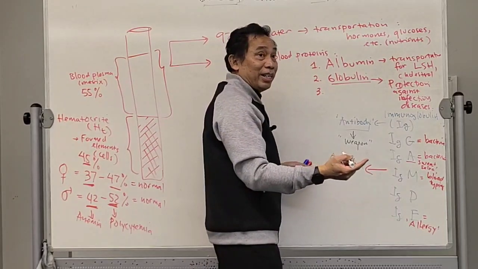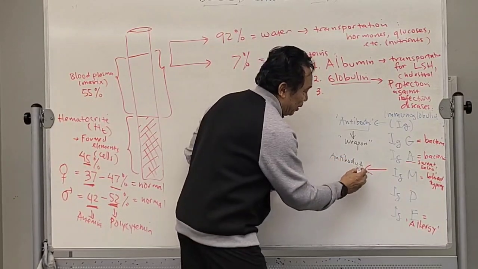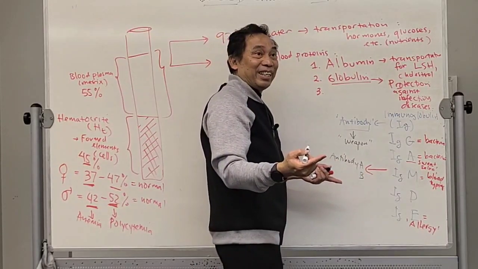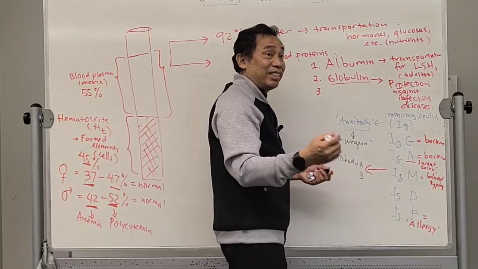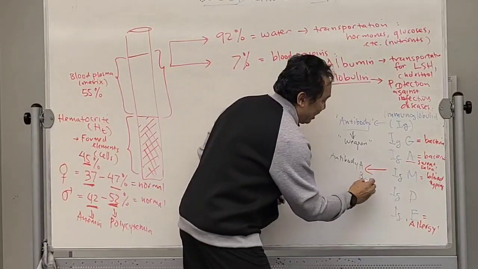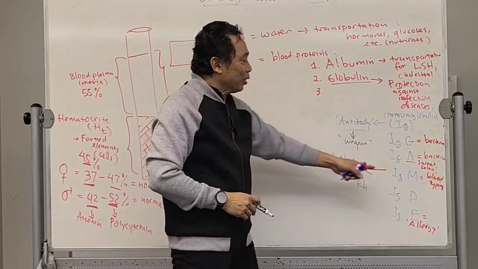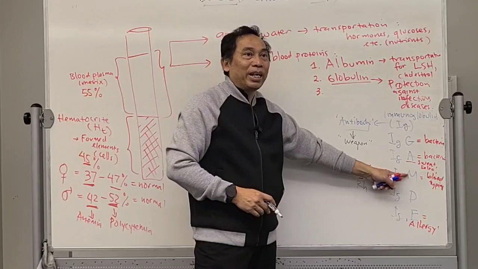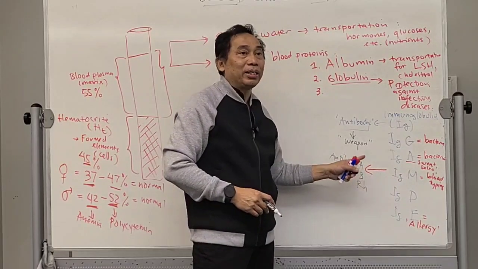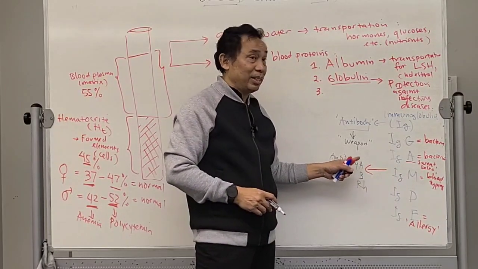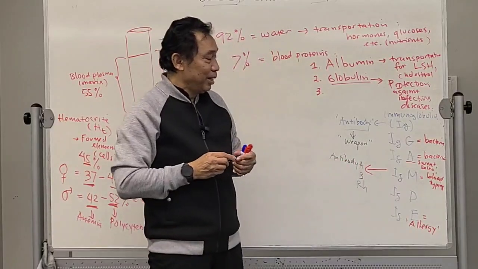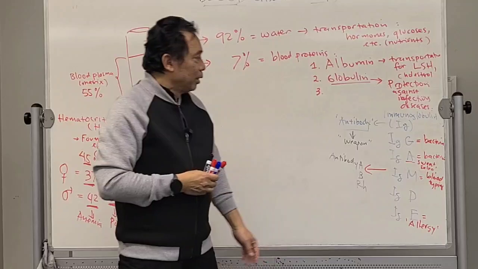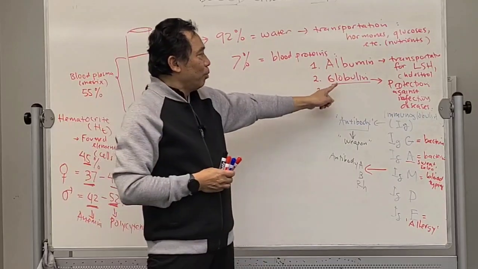What is the yellow one? B. What is the clear one? RH, rhesus, RH antibody. So this is actually immunoglobulin type M that will protect us against somebody else's blood. In case somebody puts blood in our body, we actually try to fight it. Okay? So those are the different types of globulin.